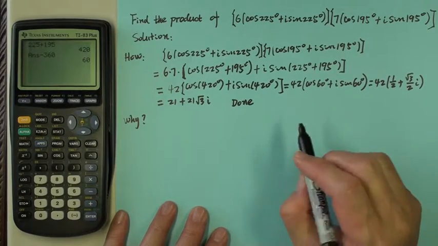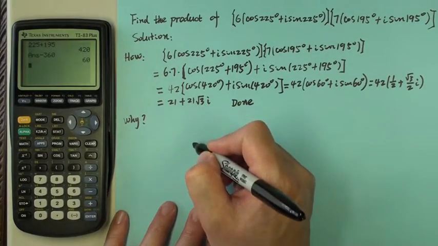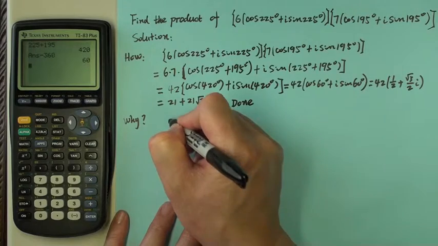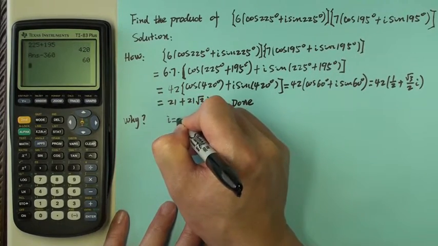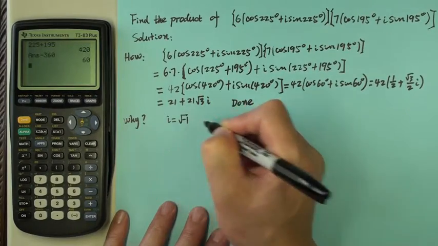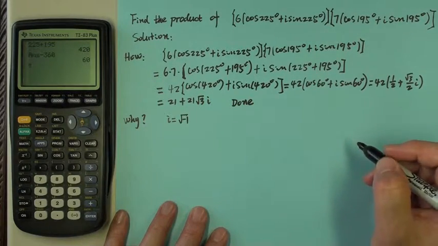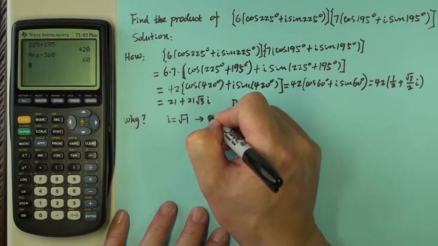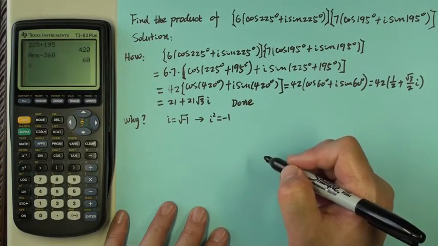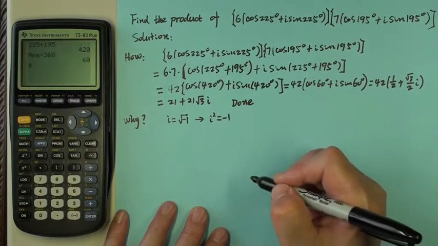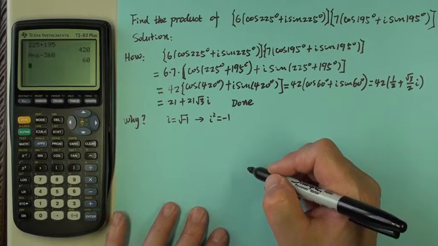Before we do that, we want to have a few things clear in our mind. What's the meaning of i? i is the imaginary unit, and you know i squared is -1. So this is one thing we want to be clear on.